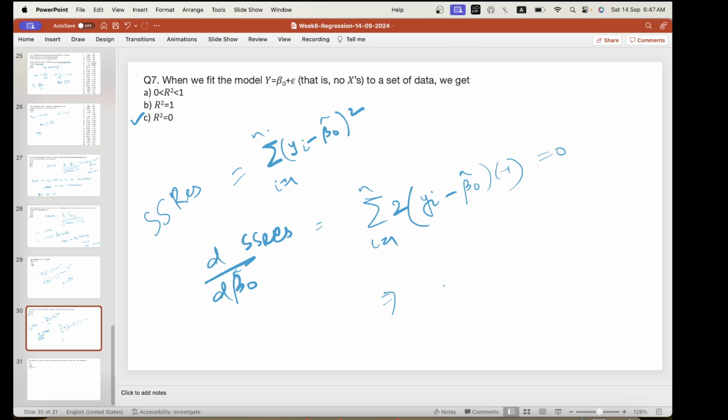So that implies that beta naught hat would be actually y bar.